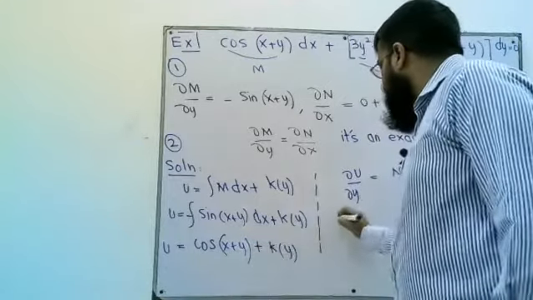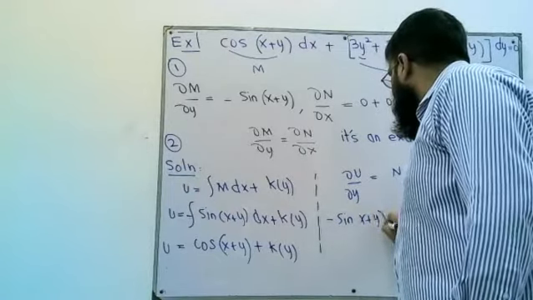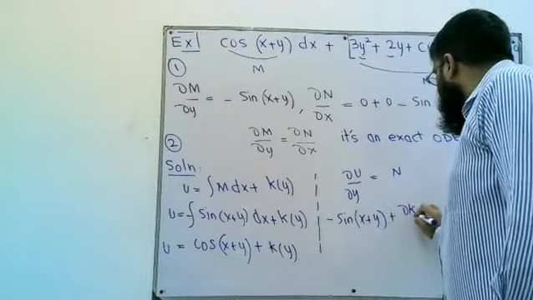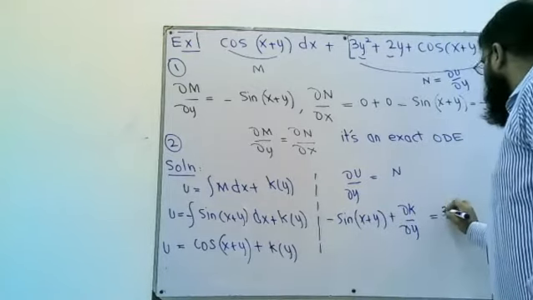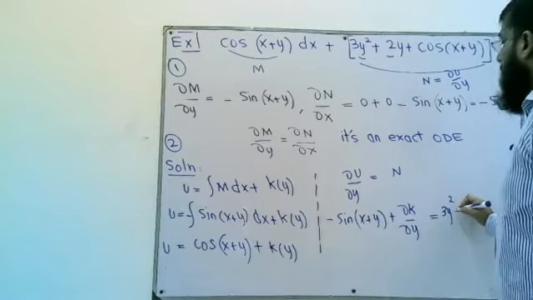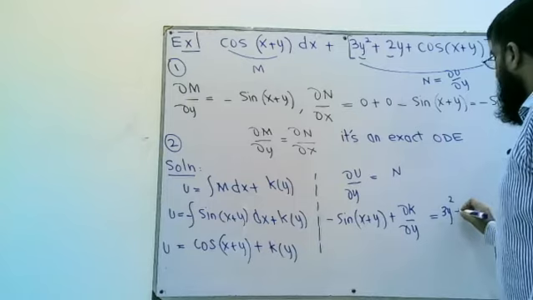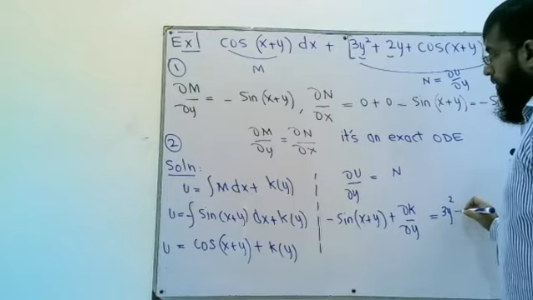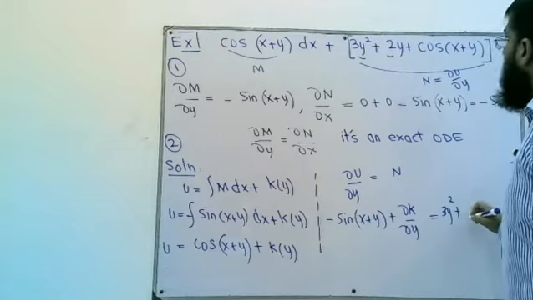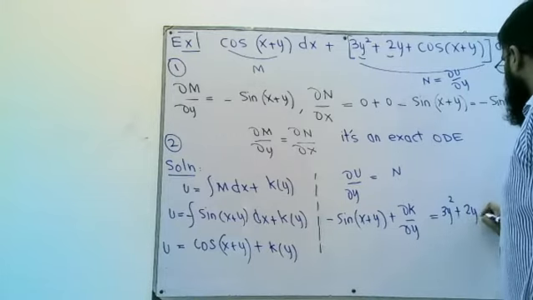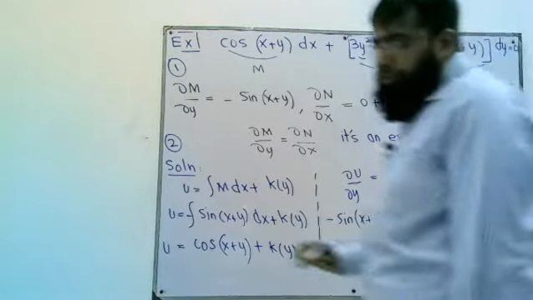The derivative of cos(x+y) is minus sine of (x+y), plus partial k over partial y is equal to N, 3y squared plus 2y plus cos of (x+y).